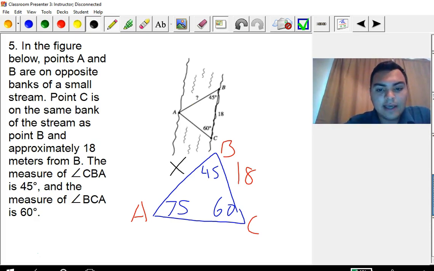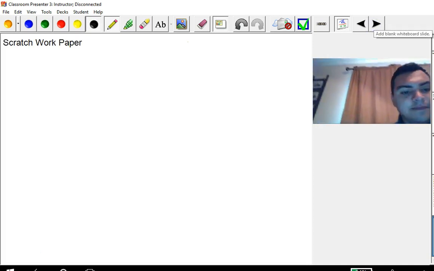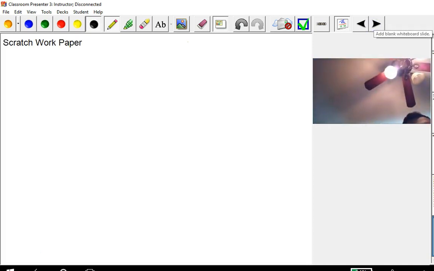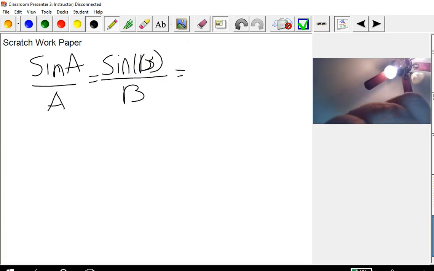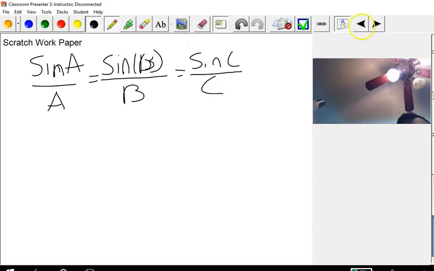So let's go through the law of sines. Just for a refresher, the law of sines is sine of A over A equals sine of B over B equals sine C over C. Right now we know two of them.